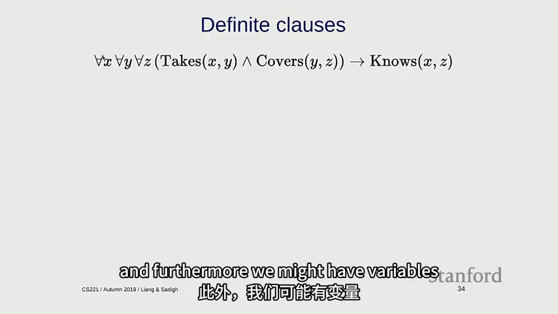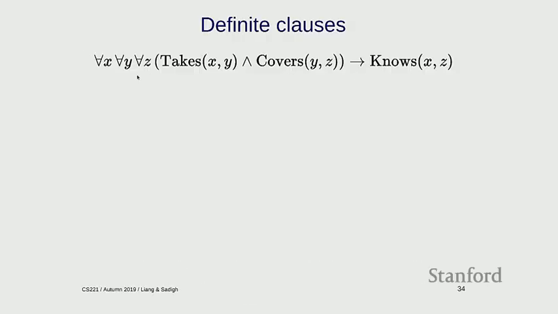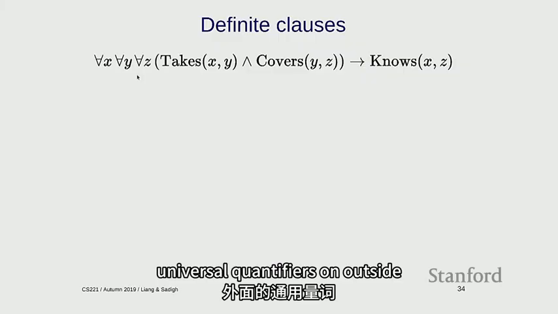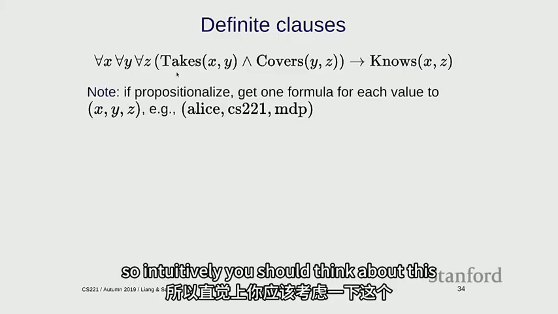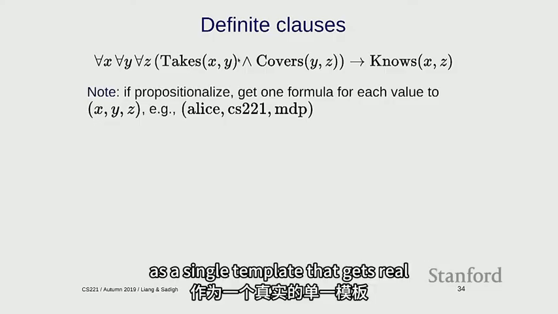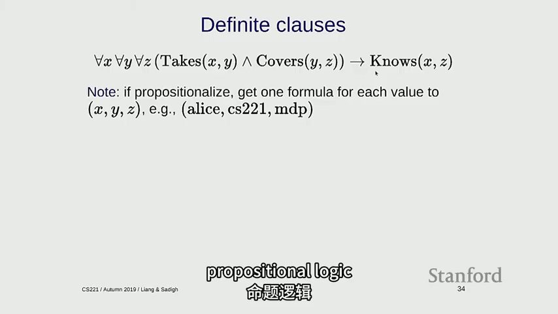And furthermore, we might have variables, so we're going to have universal quantifiers on the outside. So intuitively, you should think about this as a single template. If you were to propositionalize, it would be a whole set of definite formulas in propositional logic.